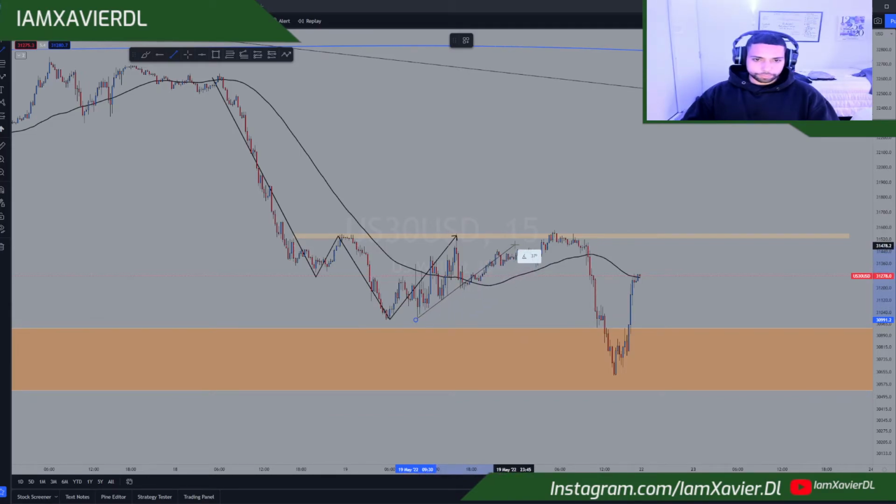Cool. Something like that, and then we could have gone something like this. Yep, here we go. Cool. There we go. Right. So I usually base it off wicks. Okay, because it just shows me a more precise point where I could base my trend line off of.